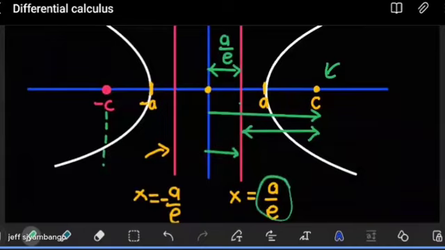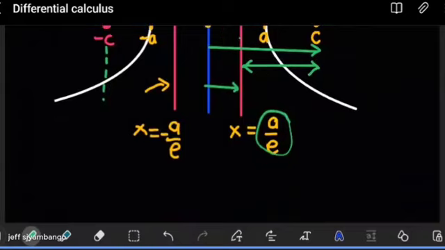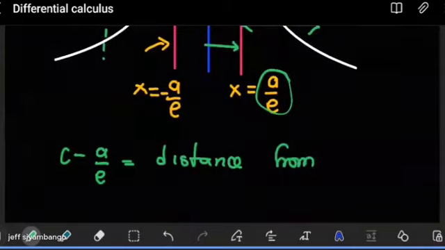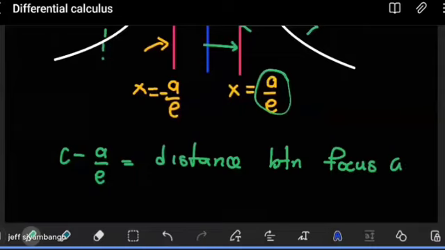It implies that the separation between the directrix and the focus can be obtained by saying c minus a over e. This will give you the distance between the focus and the directrix.